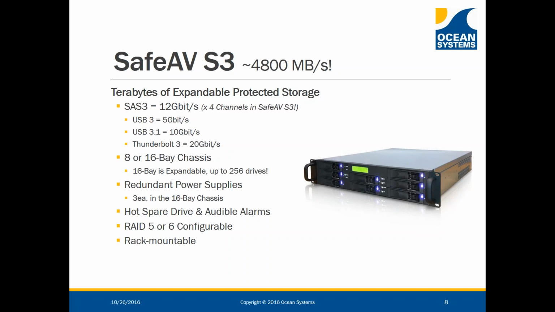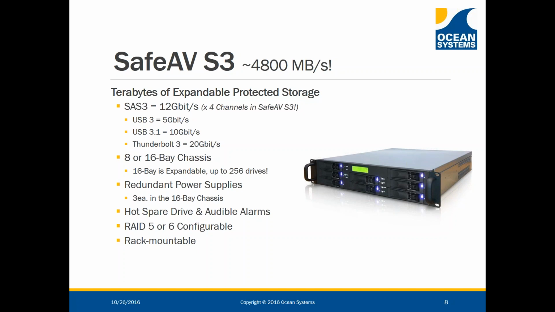It's completely redundant, with redundant power supplies, built-in hot spares so that when drive failures happen, the drive is replaced automatically, audible alarms as well as SNMP and SMTP alarm capability, RAID 5 or 6 configurable, and easily rack mountable.